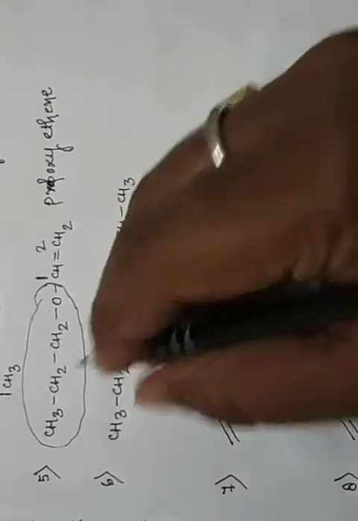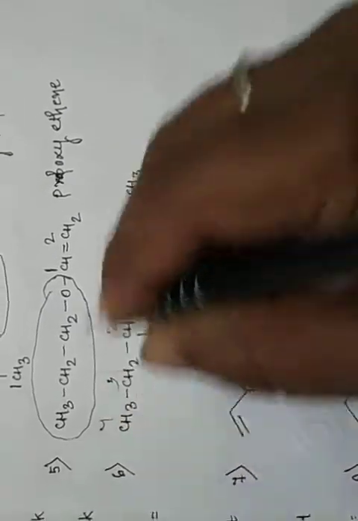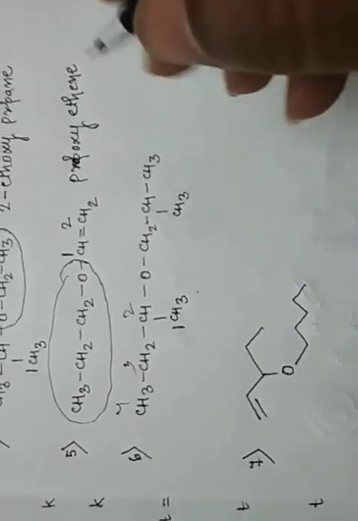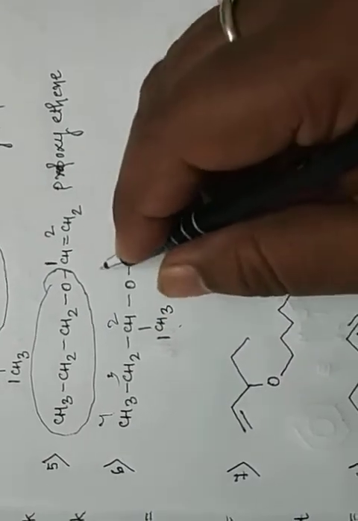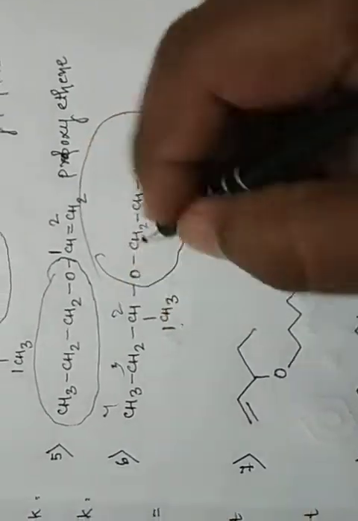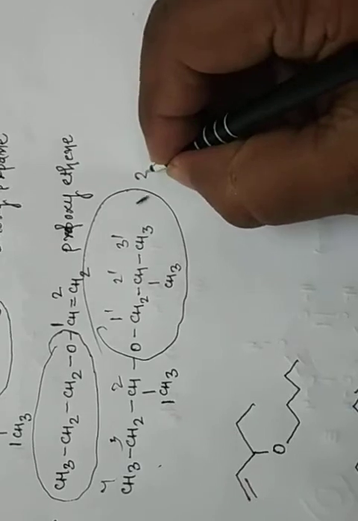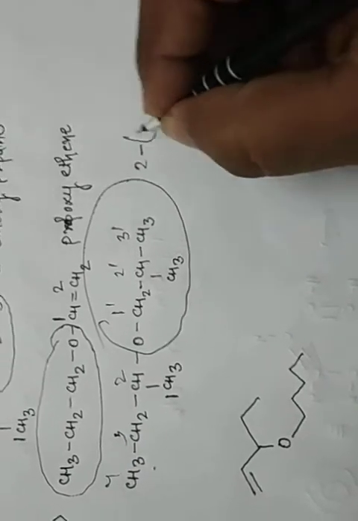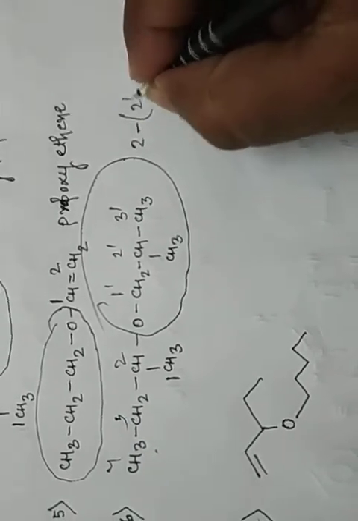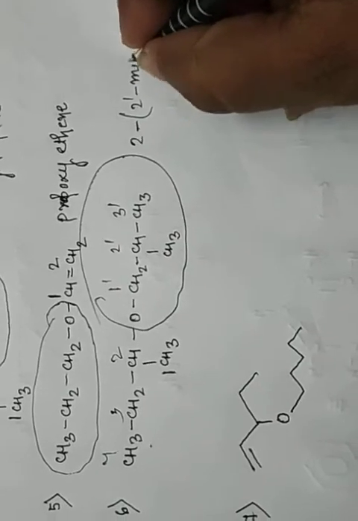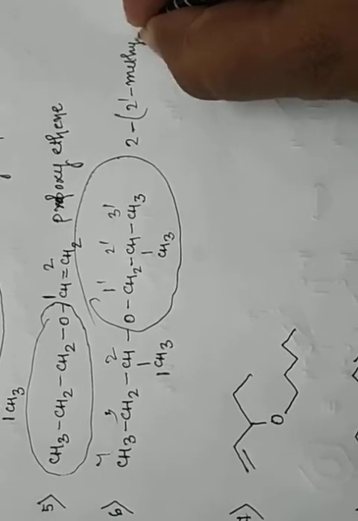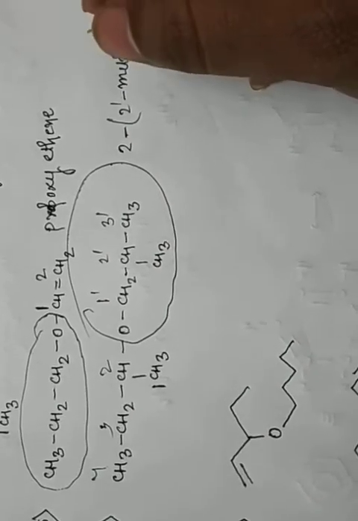Now again you consider there's a smallest chain and there's a largest chain. So 1, 2, 3, 4, but there is a 1, 2, 3. So now 2 is considered for that group. You again consider 1 dash, 2 dash, 3 dash. So 2 dash methyl, done.